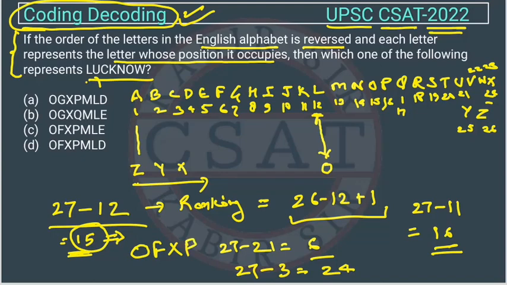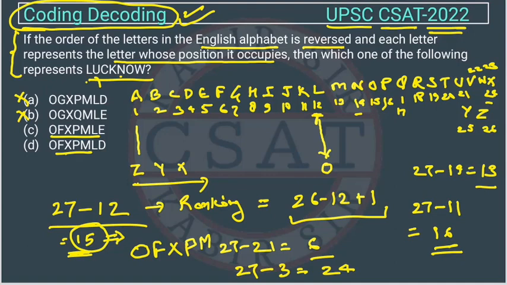Now similarly we will do for N. N is 14 here. So 27 minus 14 is equal to 13, right? So at 13 we have M, right? So now you can see the answer will be from these two. These cannot be the answer, right?